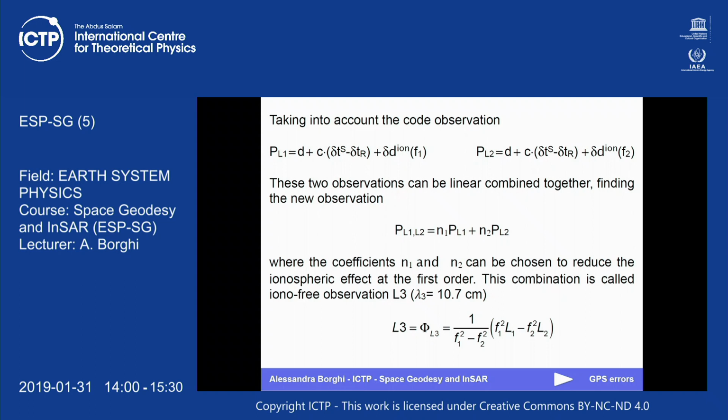And also because there are improvements in the study of the ionosphere using GPS data, so they need higher order information on the ionosphere.